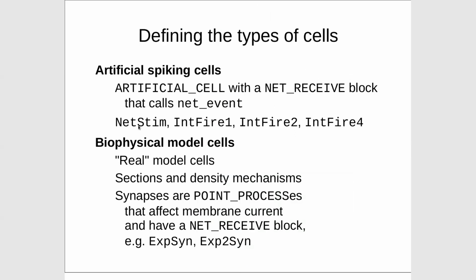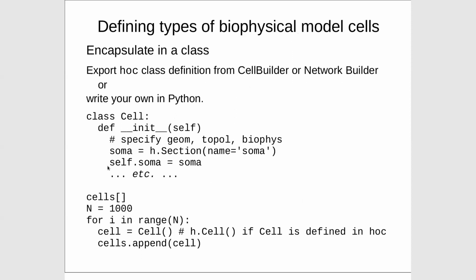So how do we define the cells when we're building a network? We're going to use artificial spiking cells, or we're going to use biophysical model cells. They're going to be encapsulated in classes. Our artificial spiking cells are automatically encapsulated in classes.